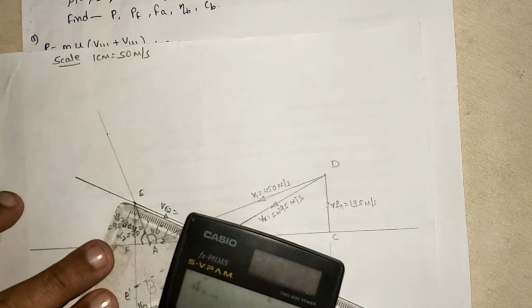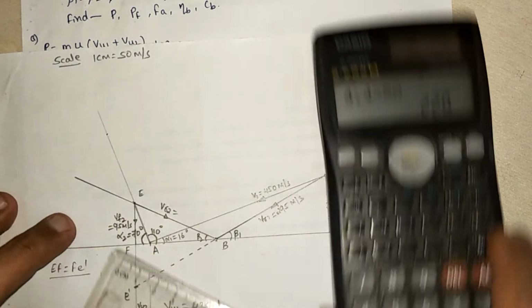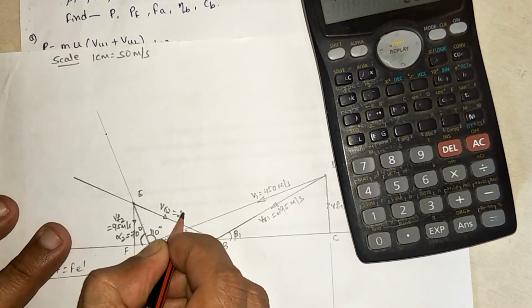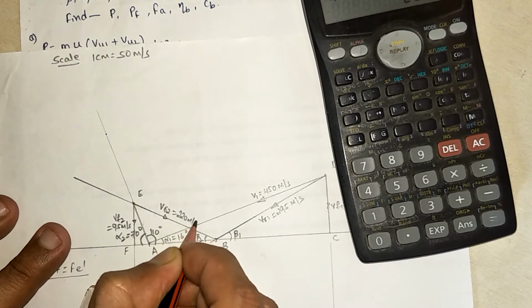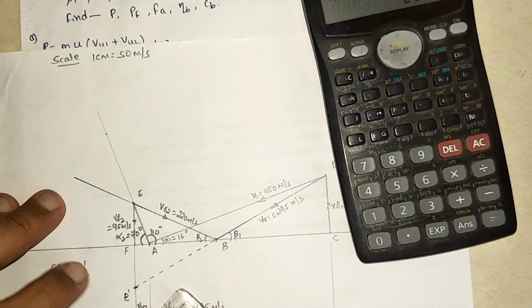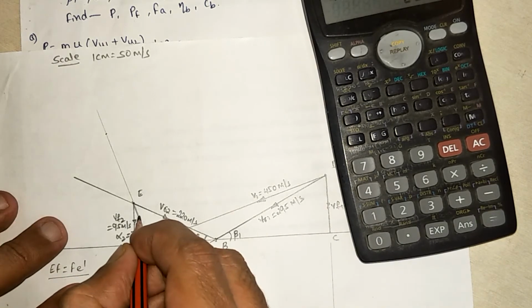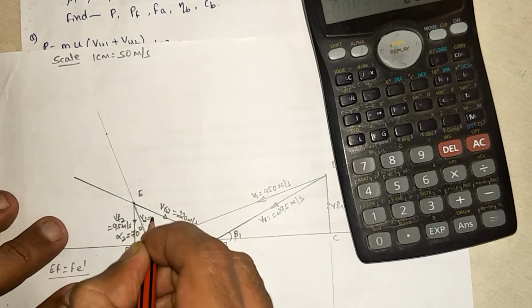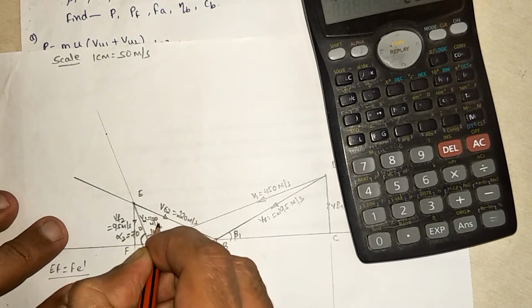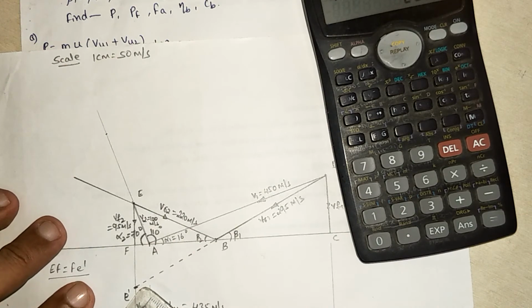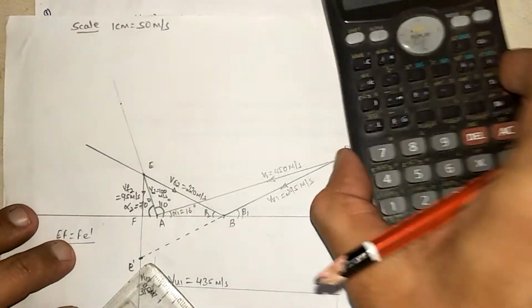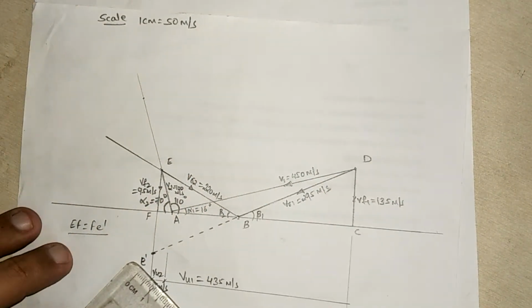So 4.4 into 50, I will get 220 meters per second. The V2 value is already given, 100 meters per second. So this completes the velocity triangle.